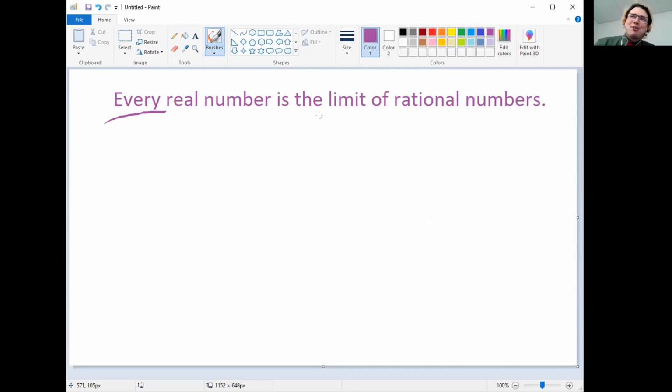So for 1/7, I say that, okay, 1/7 is pretty close to 0.1. It's even closer to 0.14. It's even closer than that to 0.142. It's even closer than that to 0.1428, and so on. No matter how much I need to zoom in, there will be rational numbers along the way that are close enough.